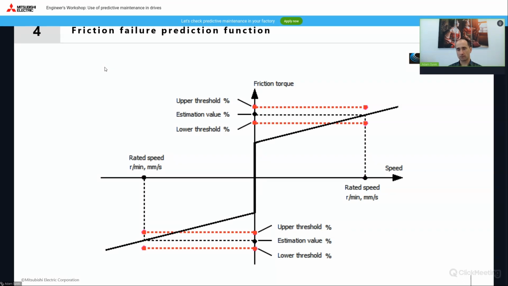And based on that, we can once again make some inspection, check the axis to prevent the breakdown of the axis. Yeah, and those levels are calculated automatically after some time.